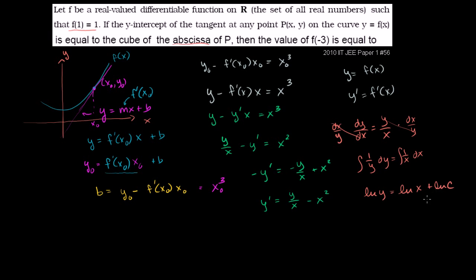It could just be any constant over there. When you add logarithms like this, that's essentially taking a product of these two terms. So this is equal to cx, or that y is equal to cx.